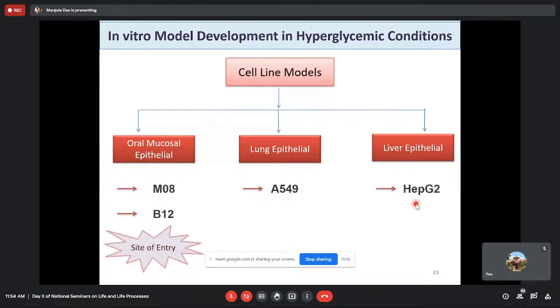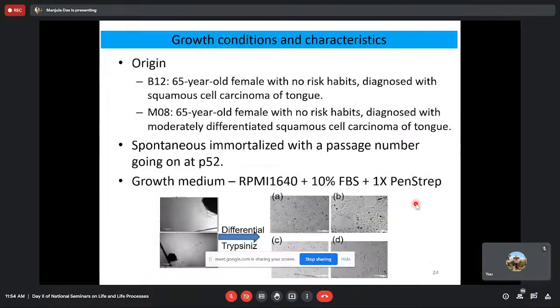We took the oral mucosal cells to see the site of entry, the A549 lung cells for the site of infection, and HepG2, because the liver is one of the major organs where impairment of glucose homeostasis happens in diabetes. That's why HepG2 was also chosen.